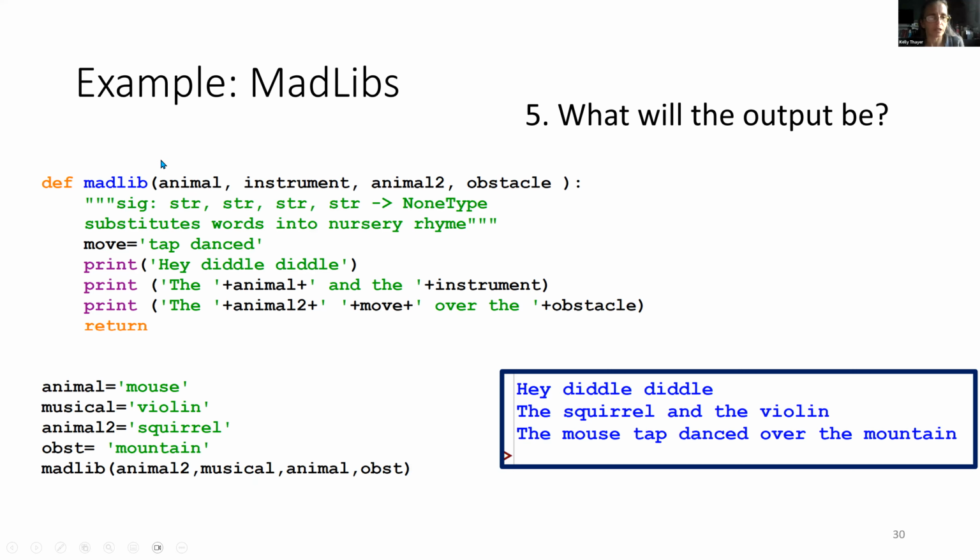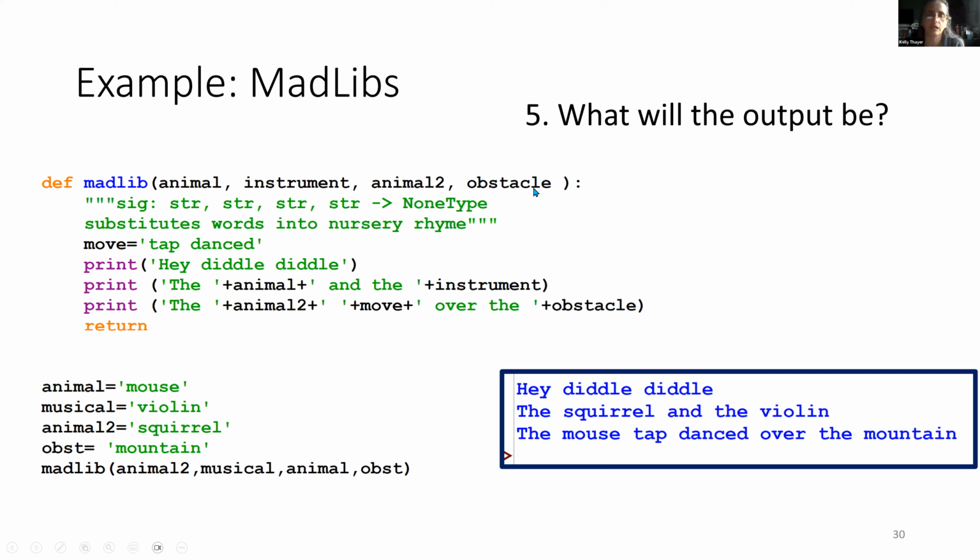So it will happily send the string squirrel to animal right here. If we proceed on down, musical will be assigned to instrument, and animal, just plain animal, will be assigned to animal 2.